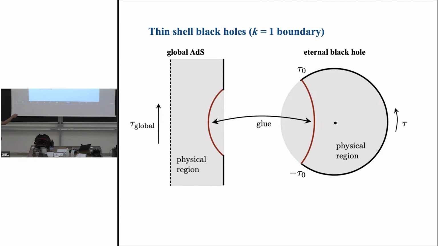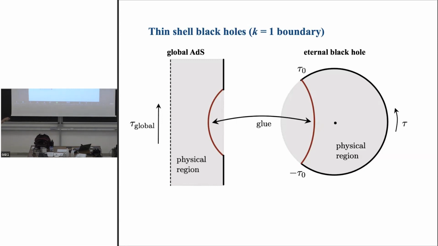Although we started with the eternal black hole, which had this closed time circle, once you glue, the circle is no longer closed. So this is something that starts in vacuum down here. You evolve upward, you insert the shell, you insert the operator, which is a spherically symmetric operator that makes the shell, and then you jump over here and evolve in Euclidean time.